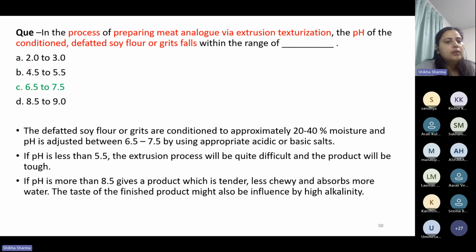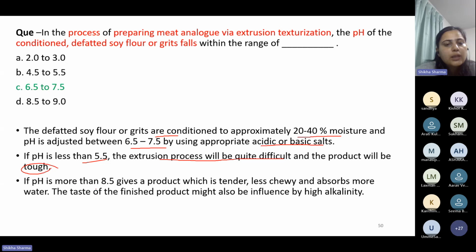So what happens? The defatted soya flours or the grits are conditioned to approximately 20 to 40% moisture, and the pH will be 6.5 to 7.5, using appropriate acidic or basic salts when we are preparing it for the meat analog. If the pH is less than 5.5, then the extrusion process will be difficult and the product will be tough.